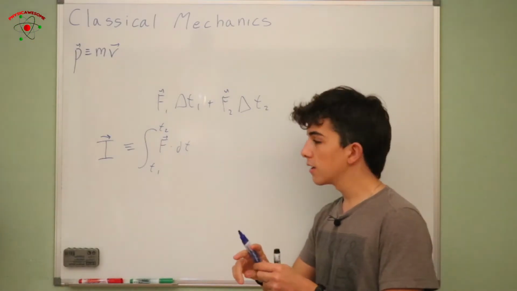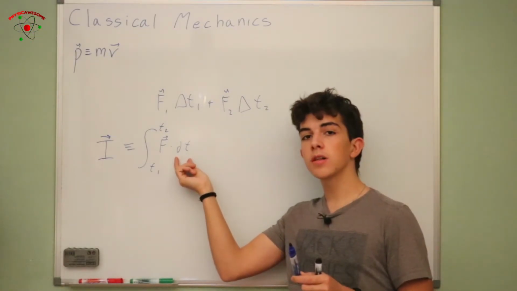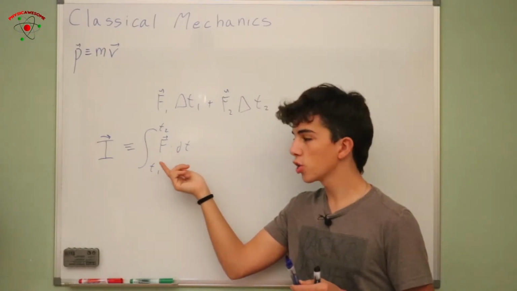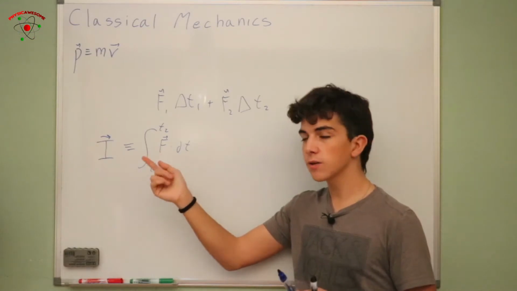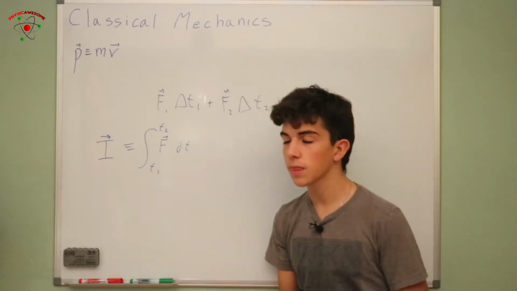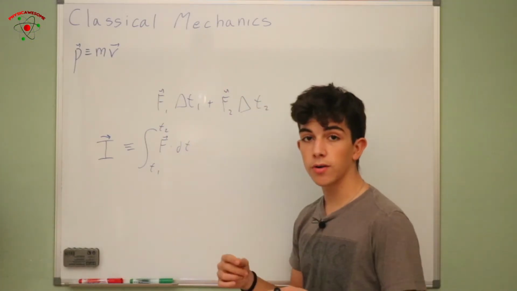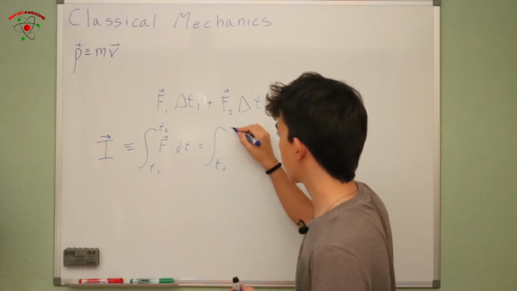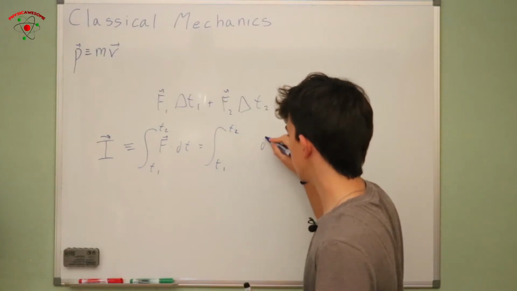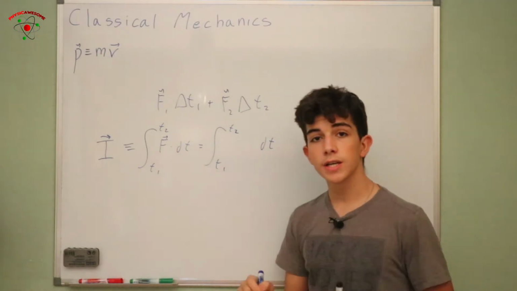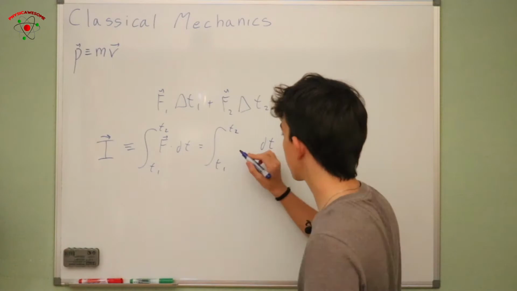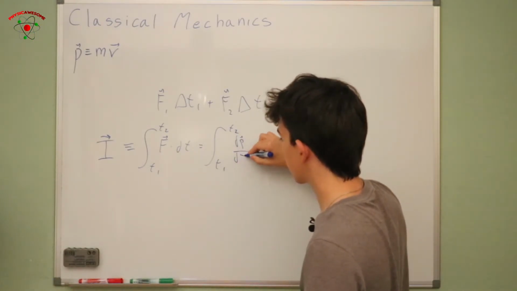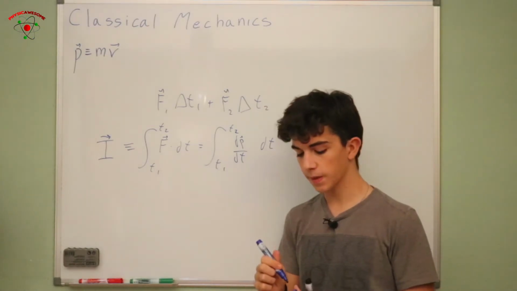That is, for every little dt of time, every little time element, we have a force, and then we sum all of those up. Recall from earlier that force is no other thing than the derivative of momentum with respect to time.